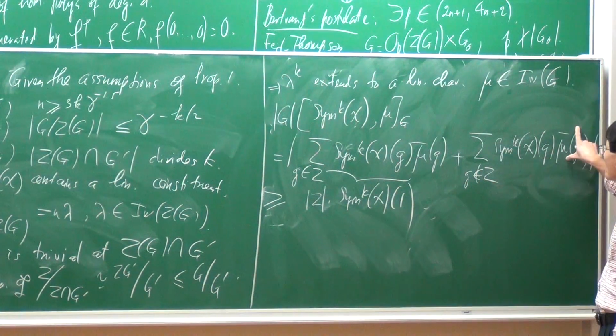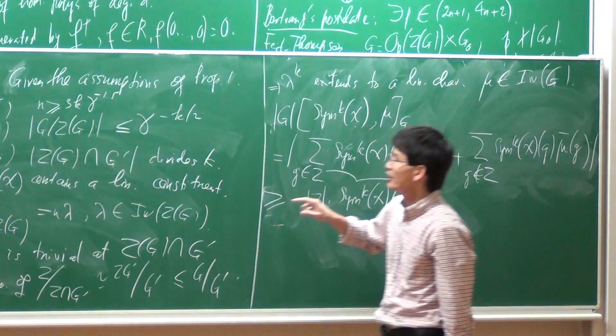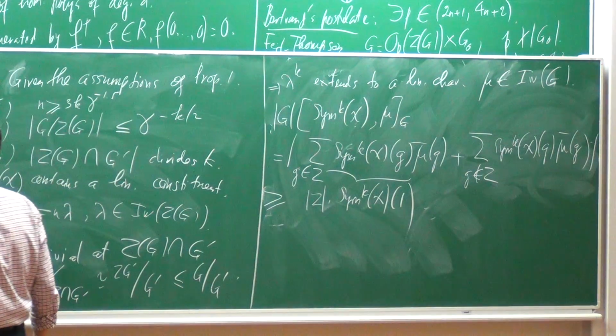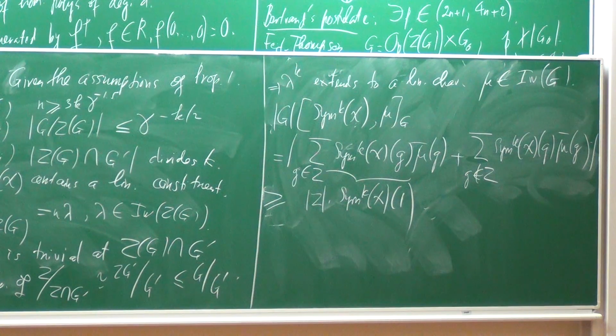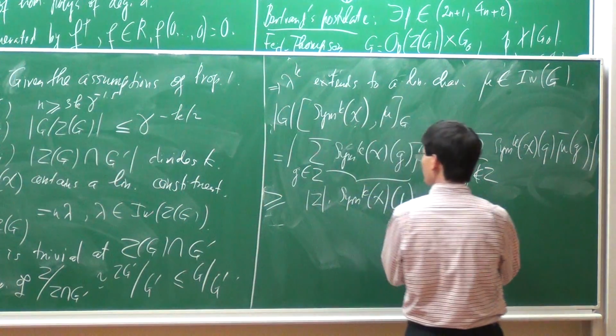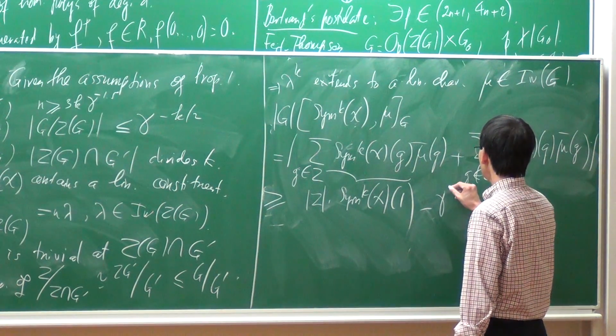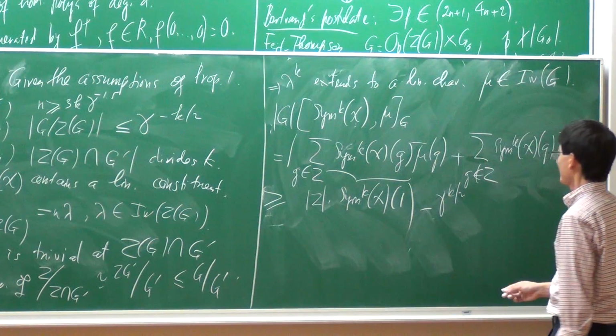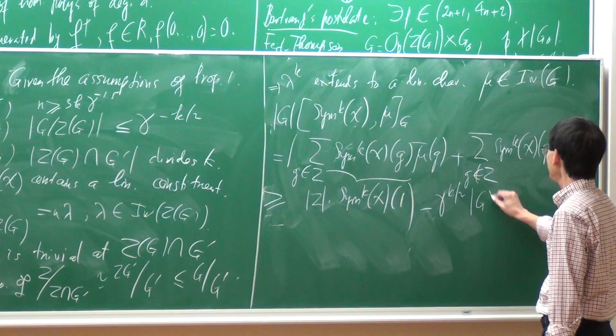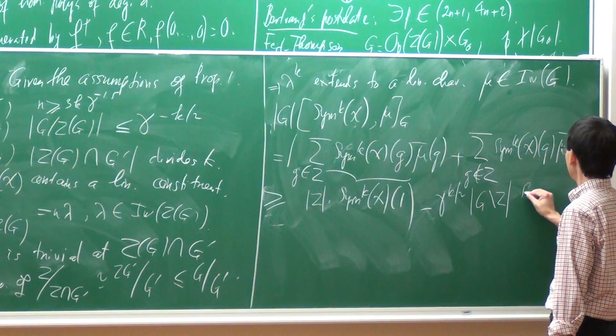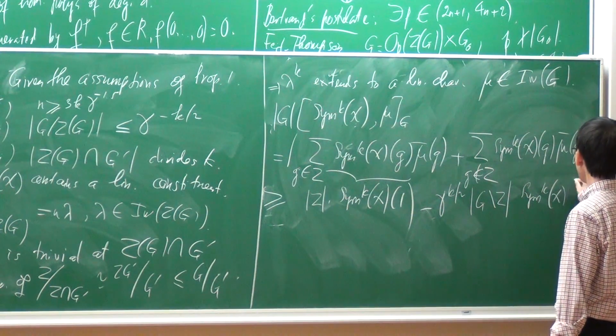On the other hand, for this part, because your g is not central, I can apply this estimate here. So I get gamma to the k minus the order of the center times the dimension of Sym^k times 1.